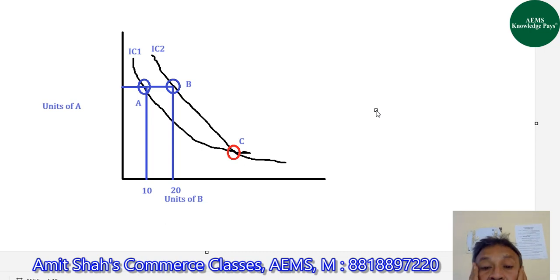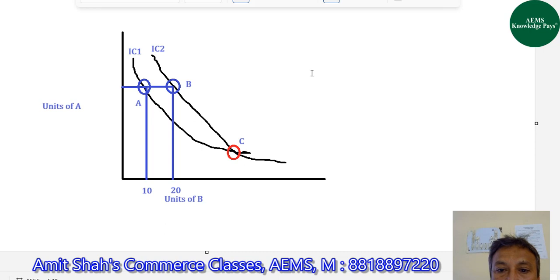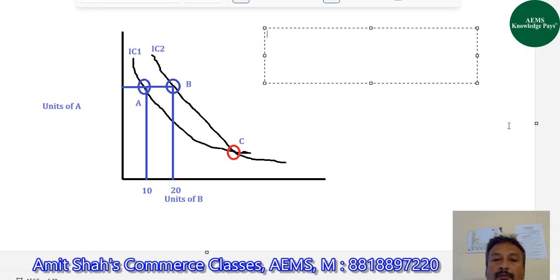Yes, sir. And the same way, point A and point C on IC1 are also the same because they are also giving the same amount of satisfaction to the consumer. That is why they are on IC1.